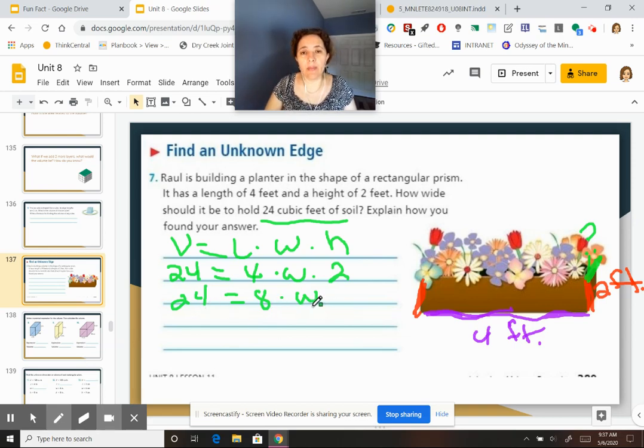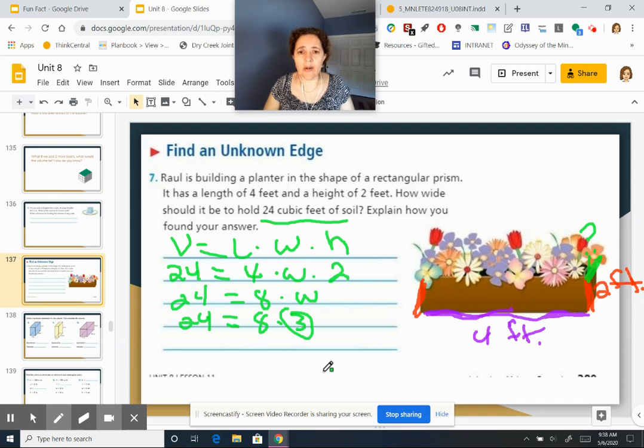That's how I'm going to find my width. So 8 times 1 is 8, 8 times 2 is 16, 8 times 3 is 24. So my width has to be 3, because 8 times 3 is equal to 24.